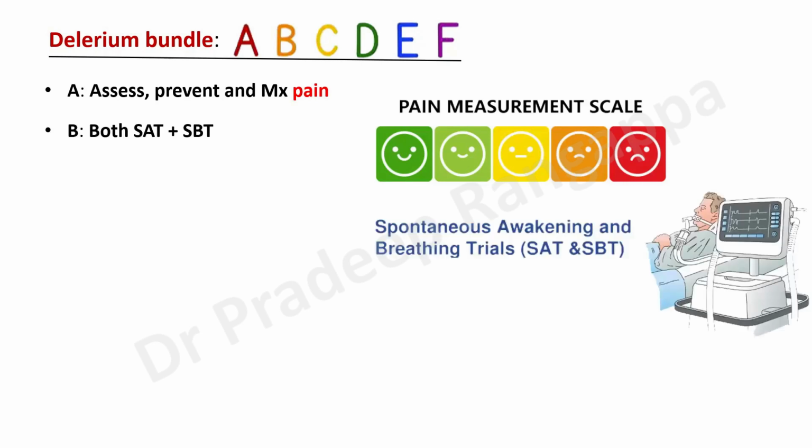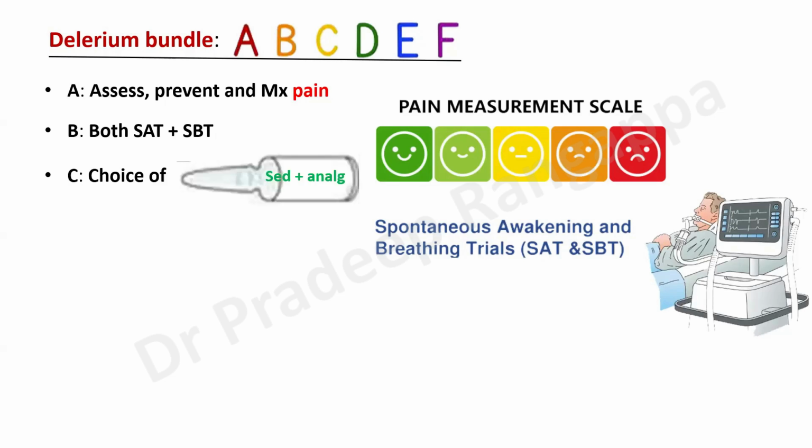In patients ventilated for more than 96 hours, as I said, the risk of delirium is highest. So we should not keep them deeply sedated. We have to do spontaneous awakening and breathing trials. We should give sedation-free intervals in patients who are intubated and mechanically ventilated to minimize the risk of delirium.